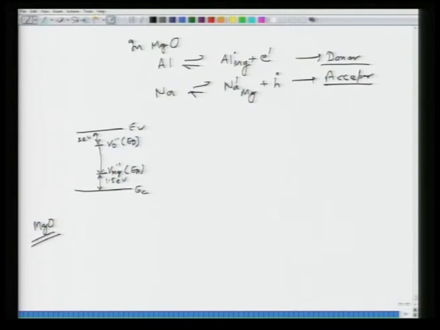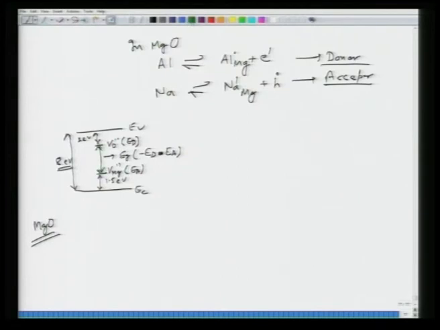You know that in case of MgO the band gap is roughly 8 electron volt, about 7.8 or 7.9 electron volt, and it depends on the temperature as well. So, this would be your E_g minus E_d, plus E_g minus E_d minus E_a.